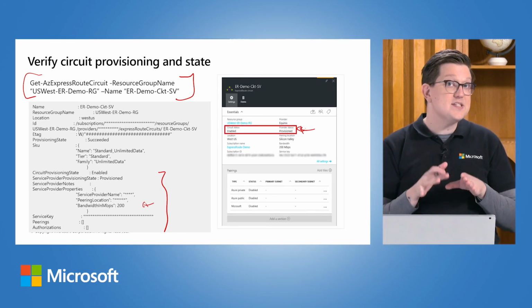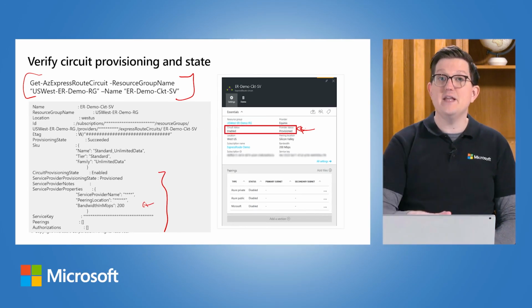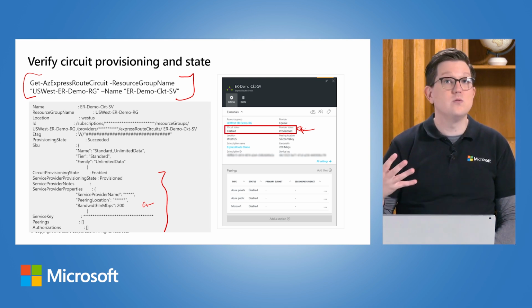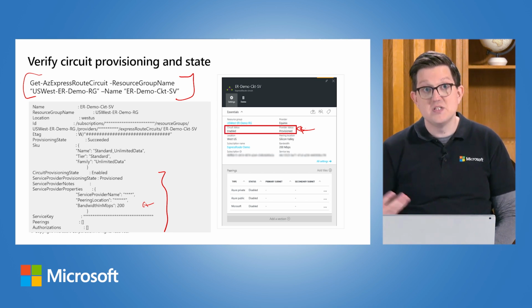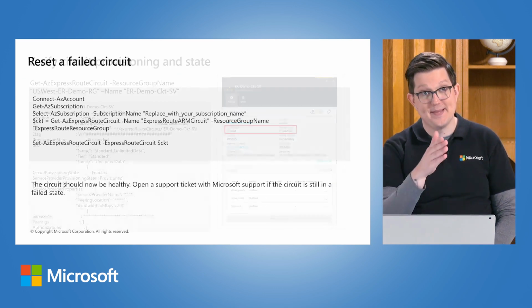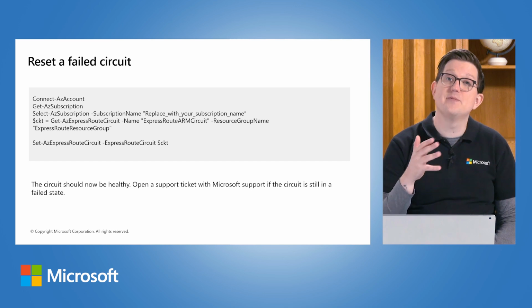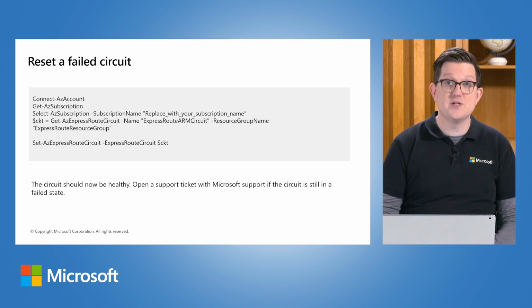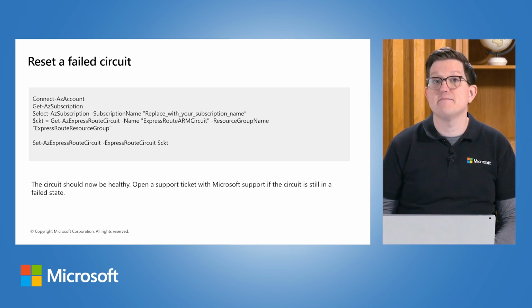Now, one of the easiest things you can do if you are seeing a failure in a circuit, before you get on the horn to the support team and start contacting them, is just turn it on and off again. To reset a circuit, it's as simple as fetching the ExpressRoute circuit itself, make no changes, and then just set it again.